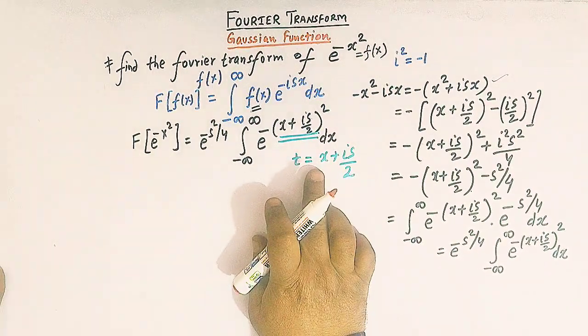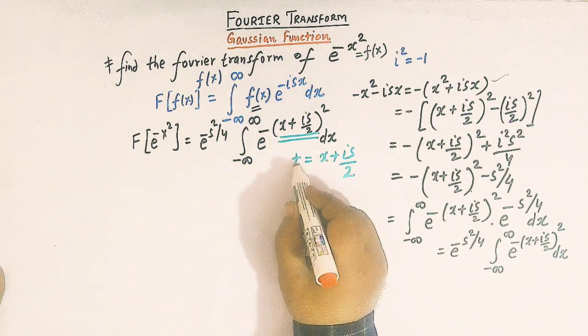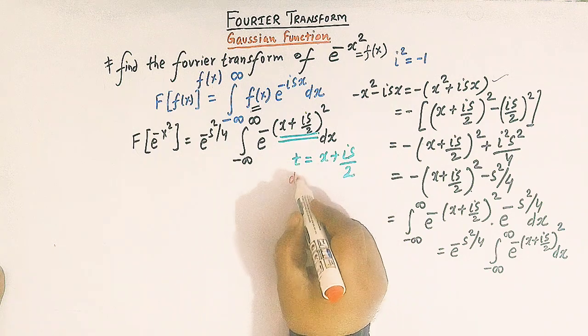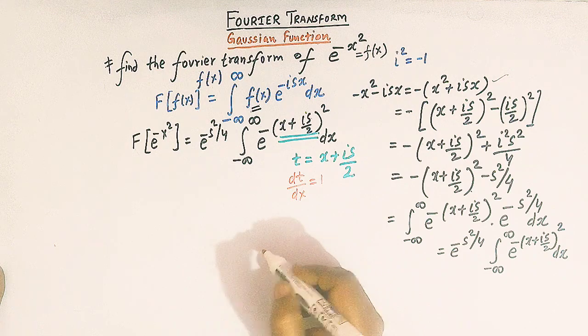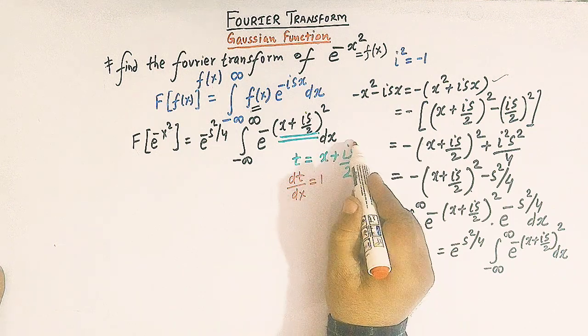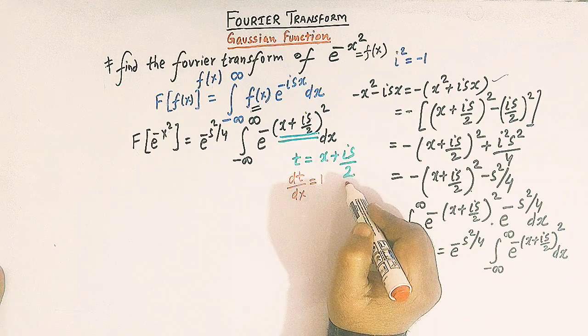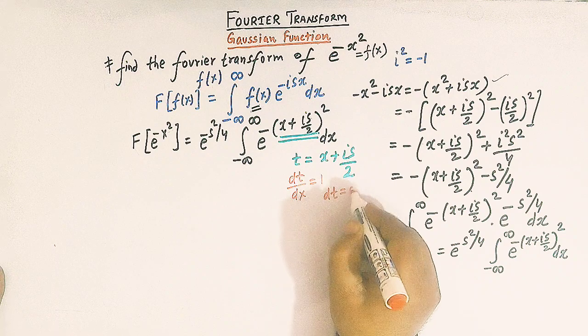So making this substitution, x plus is over 2 as t, and differentiating both sides with respect to x, we have dt over dx is equal to 1, because the derivative of x is 1 with respect to x, and the derivative of is over 2 is 0, being a constant. So we have dt equal to dx, right?